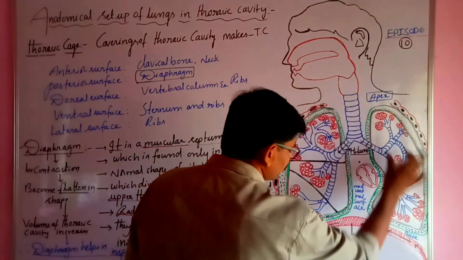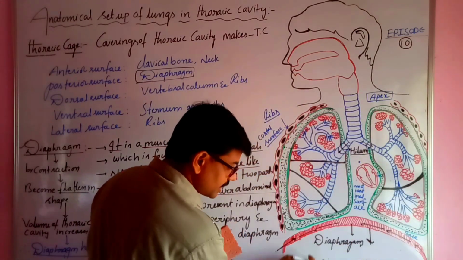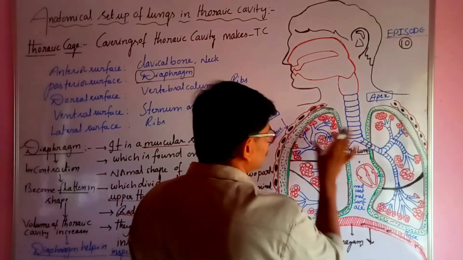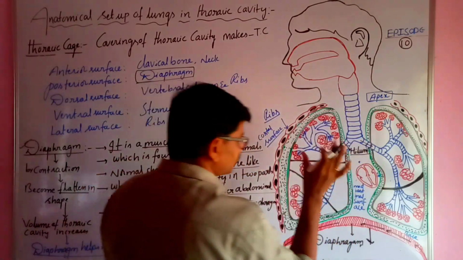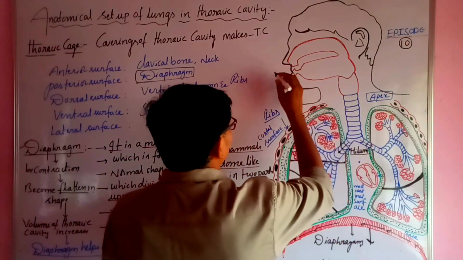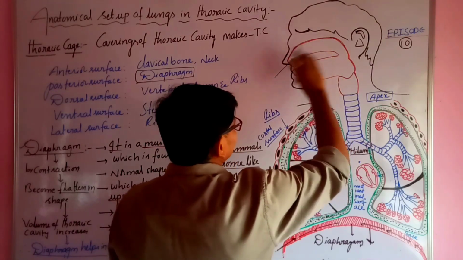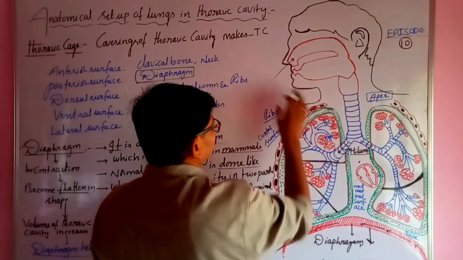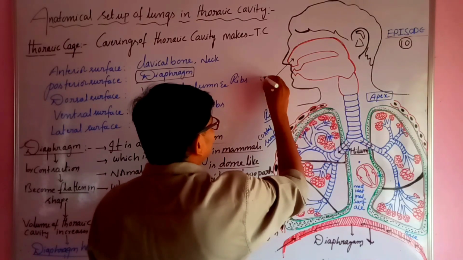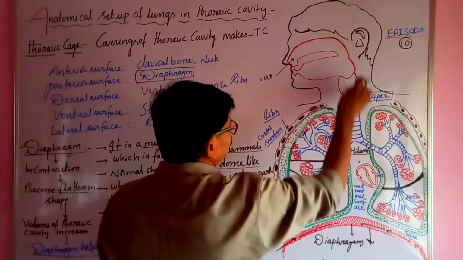A negative pressure is created by the contraction of the diaphragm. So whenever negative pressure is created in the pulmonary cavity, automatically inhalation, the entry of air, takes place. The air moves from high pressure to low pressure.